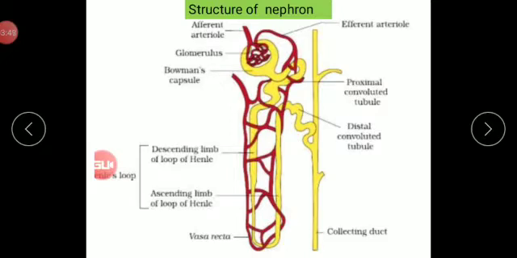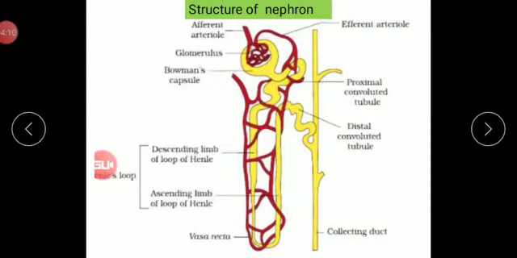And the renal tubules, as we know, are the next part of the nephron. The renal tubule begins with a double-walled cup-like structure called the Bowman's capsule, which encloses the glomerulus.